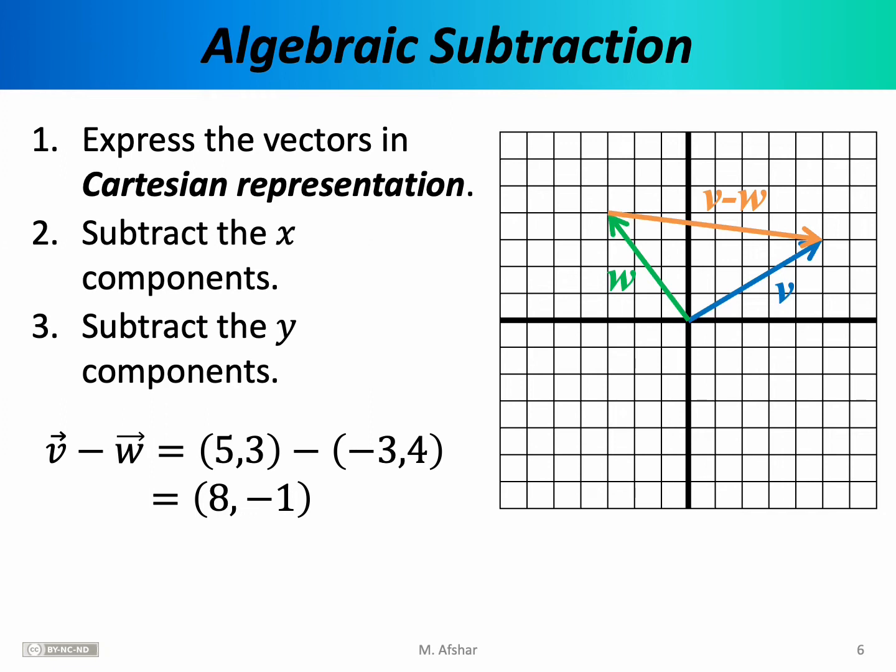And if you look over here, the orange vector is indeed 8, -1. To get from one end of the orange vector to the other one, I have to take 8 steps in the positive x direction and 1 step in the negative y direction, hence 8, -1. So again, the geometric method and the algebraic method are consistent with one another.